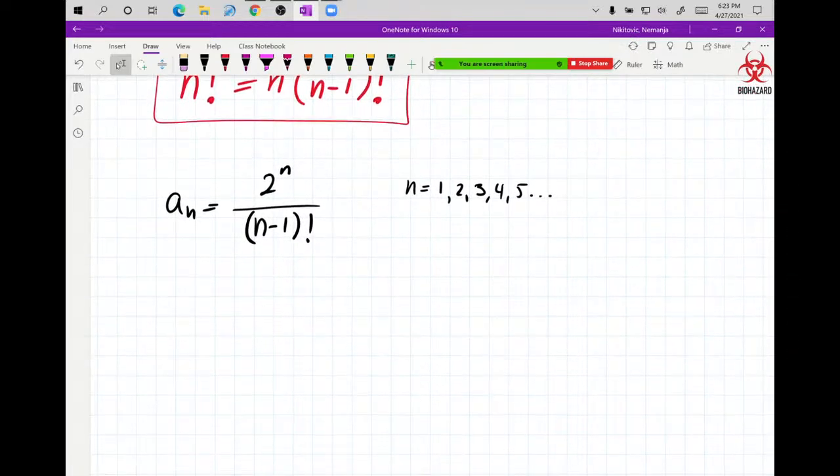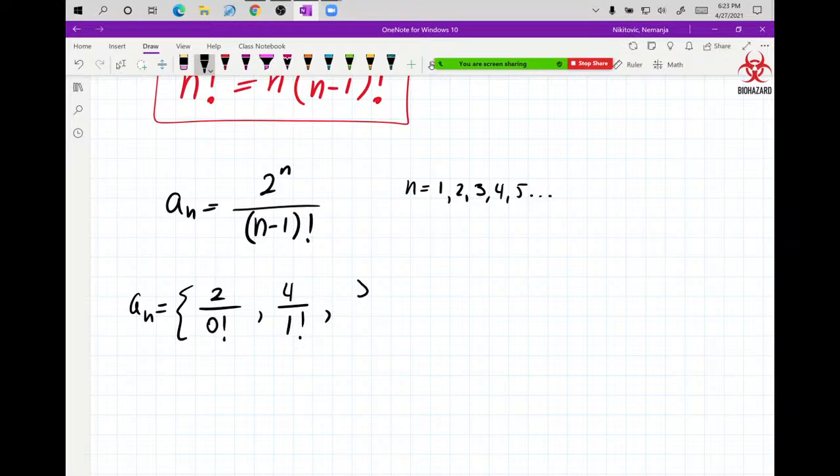So now, when you start writing out your sequence, you have 2 to the 1 over 0 factorial. Then you have 2 squared, which is 4, over 1 factorial. Then 2 cubed, which is 8, over 2 factorial. And then 2 to the 4, 16. So you just keep doubling the top and raising the bottom by 1. 32 over 4 factorial, dot, dot, dot, going forever.